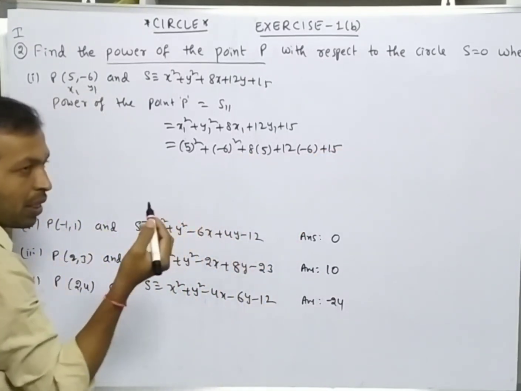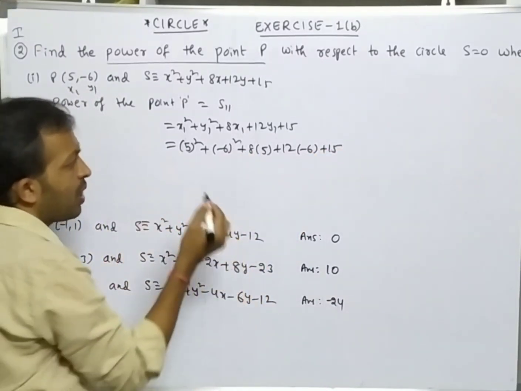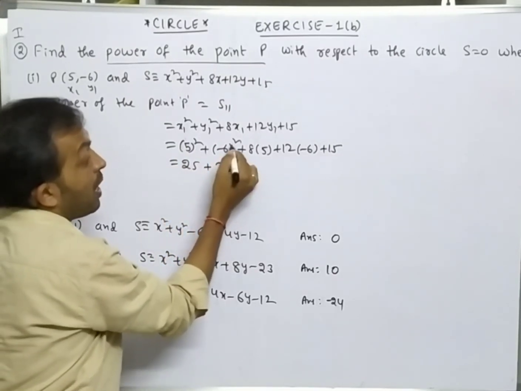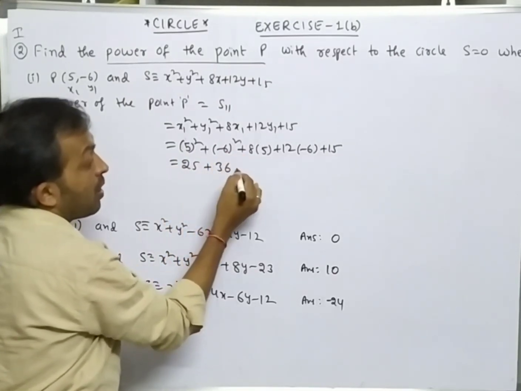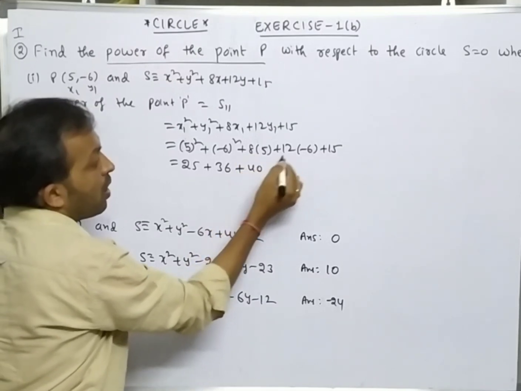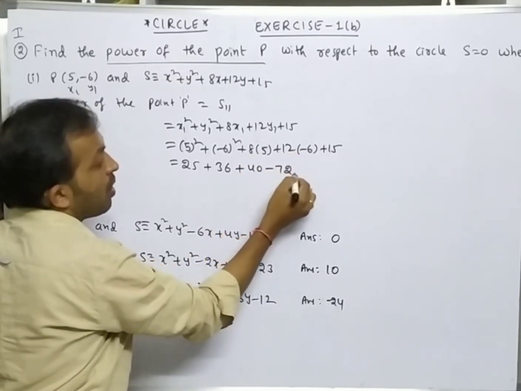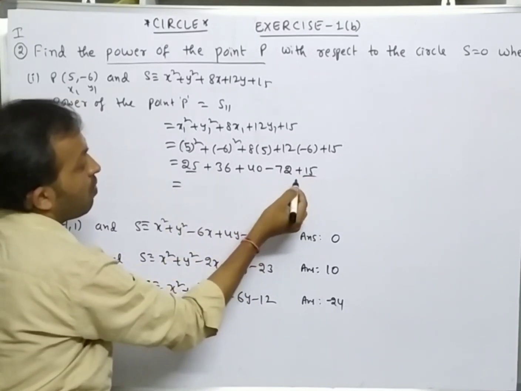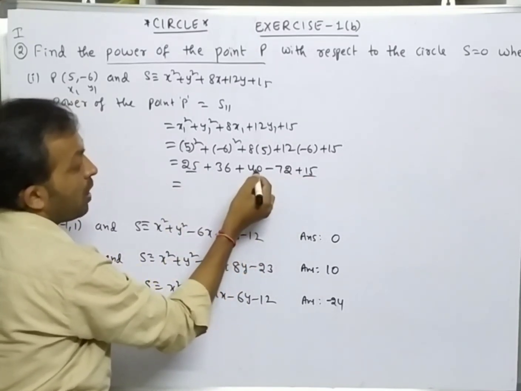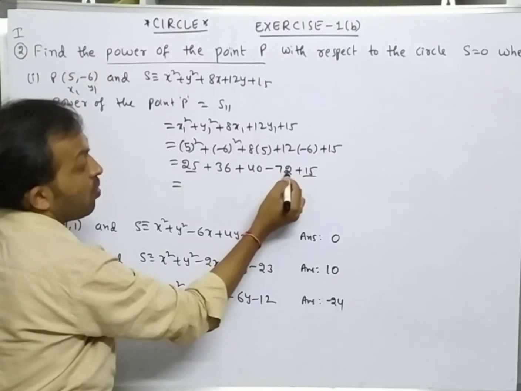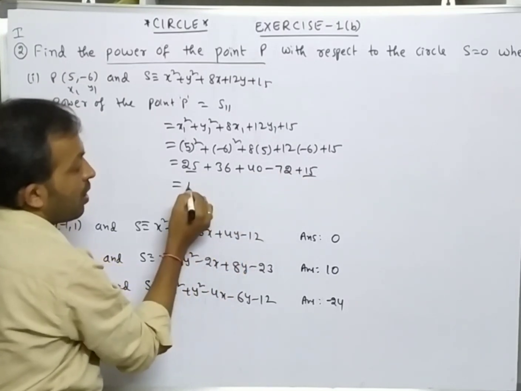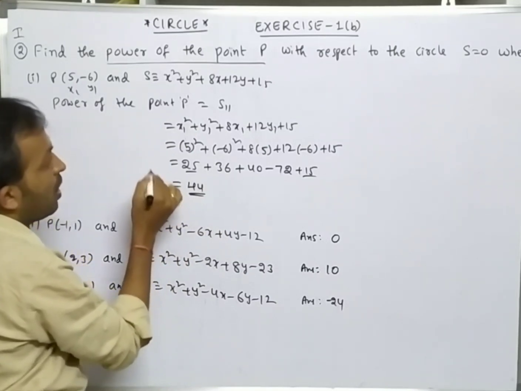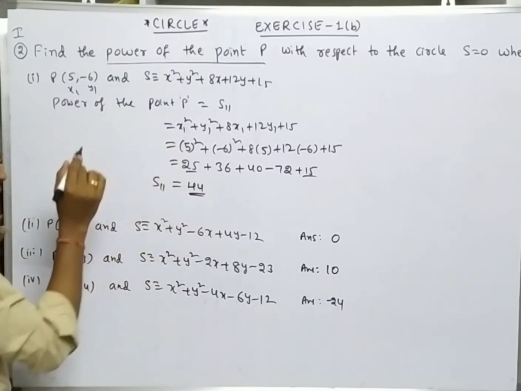Just S11, simple problem, you can get 2 marks easily. 5 square is 25, minus 6 square is plus 36, remember it, 8 into 5 is 40, 12 into minus 6 is minus 72, plus 15. So 25 plus 15 is 40, 40 plus 40 is 80, 80 minus 72 is 8, 8 plus 36 is 44. So this is the power of the point P with respect to the circle.